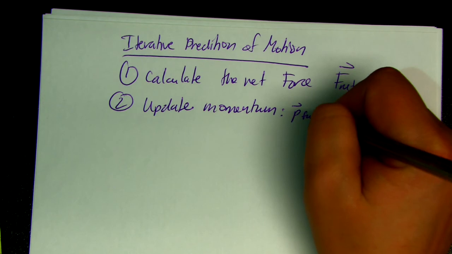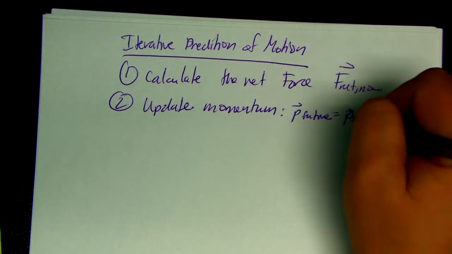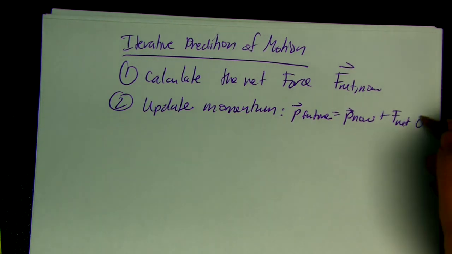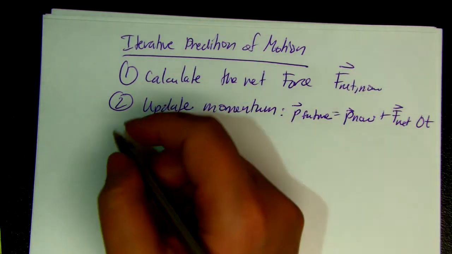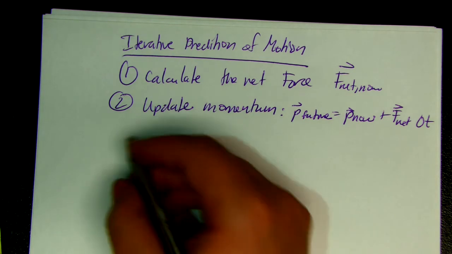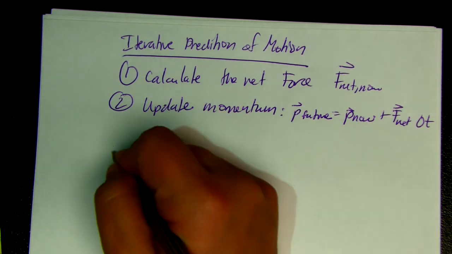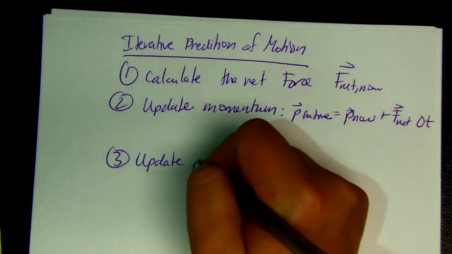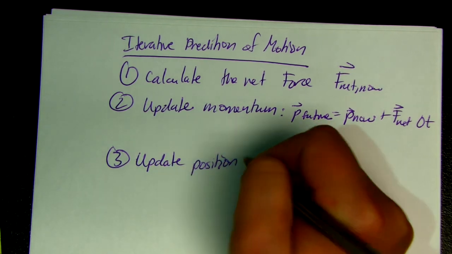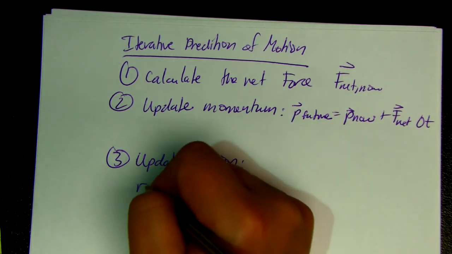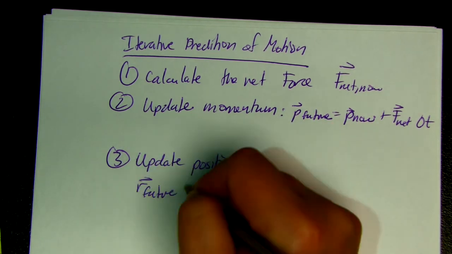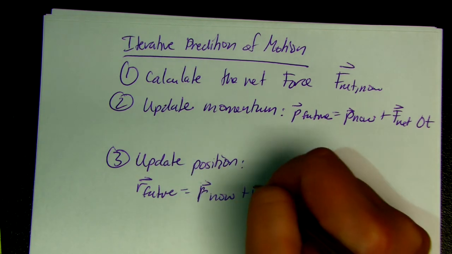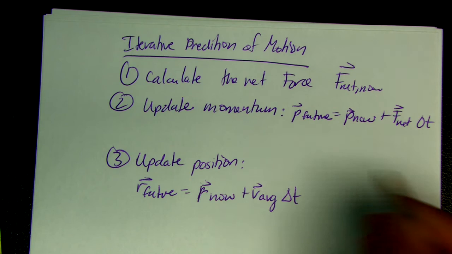So P future is equal to P now plus F net delta T. And then step 3, you update position. So R future is equal to R now plus V average delta T.